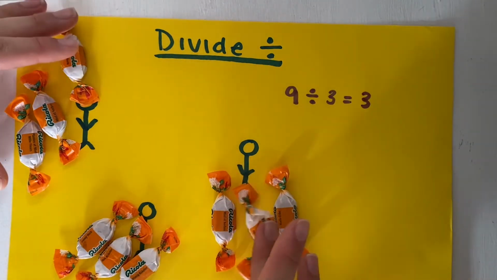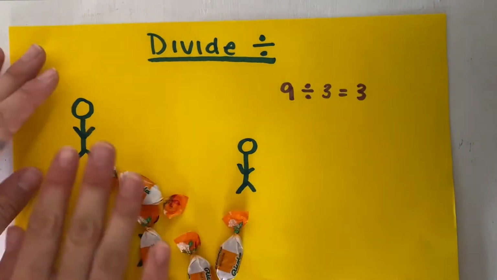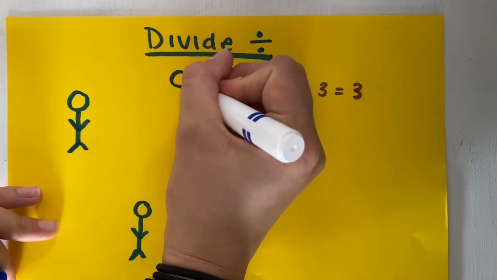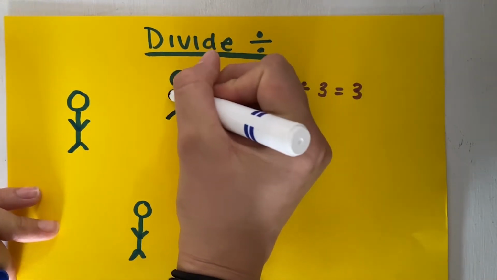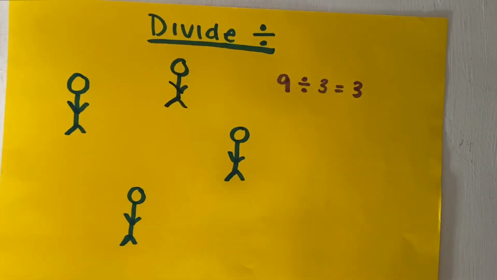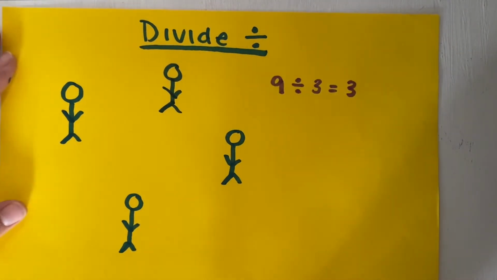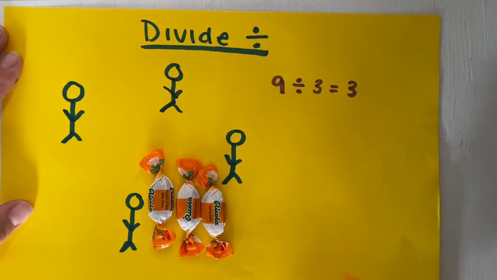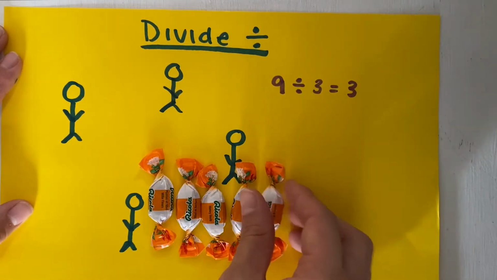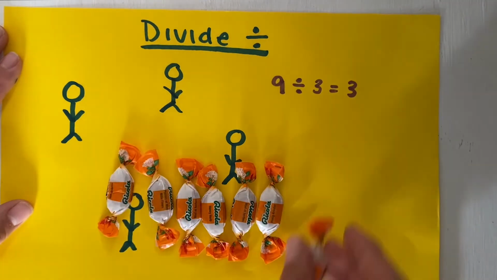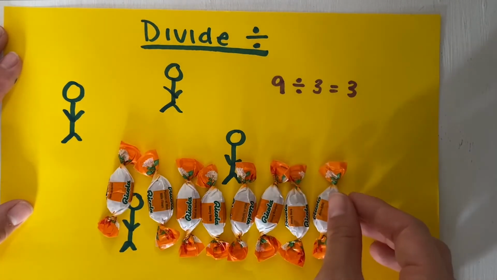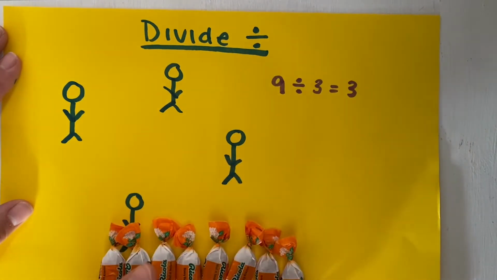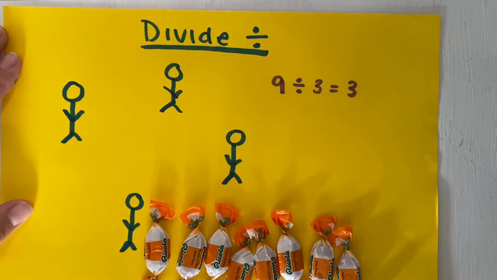So we can try this again. Maybe we have 4 friends. And this time we only have 8 pieces of candy. So we have our 8 pieces of candy, and we have our 4 friends who want this candy.